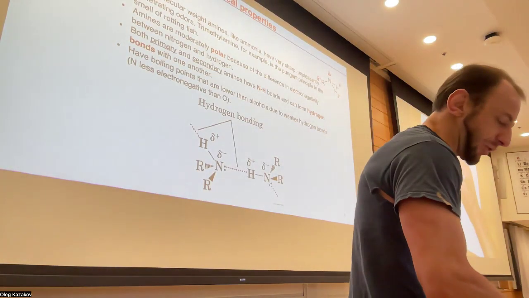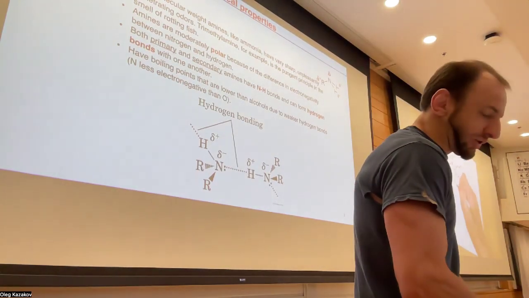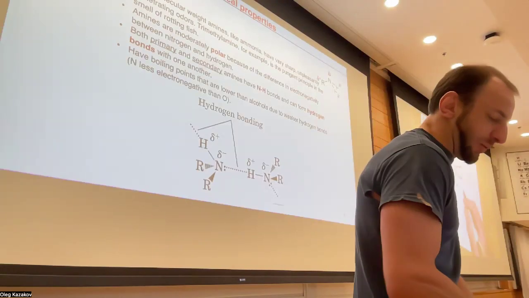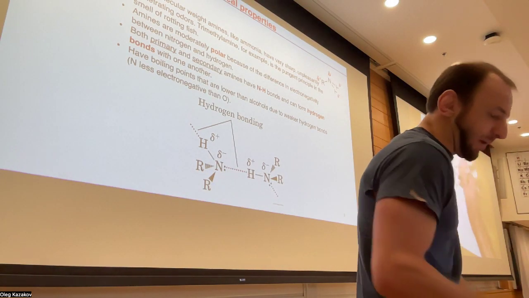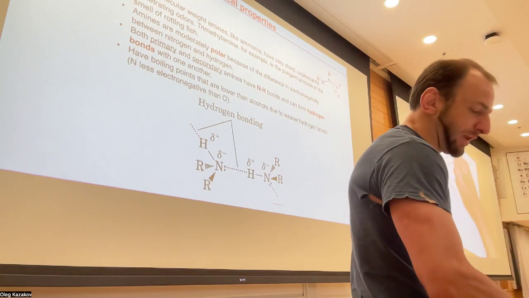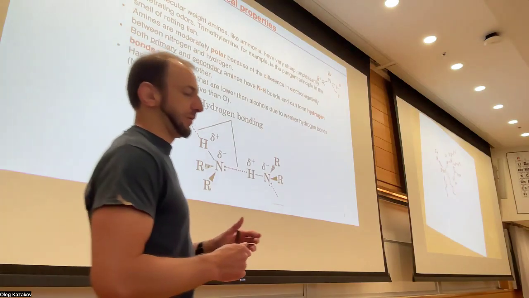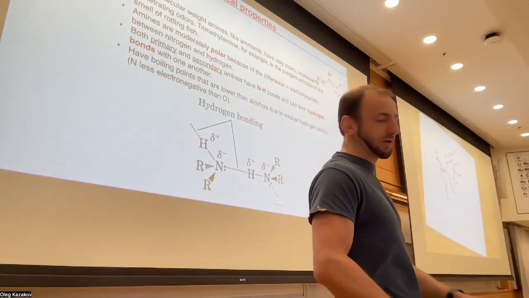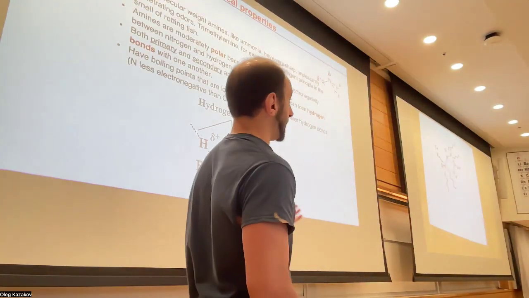So, and here we go. We can think about, okay, delta minus on the water, right? On the oxygen, delta plus here. And now we can form the bonding, right? So maybe it's going to be like this. So we have delta minus, delta plus. And then we also have the hydrogen bond between the H of the amine and oxygen on the water. So now you can see, even if you show just 3 molecules here, you can already form a lot of potential hydrogen bonds, right?